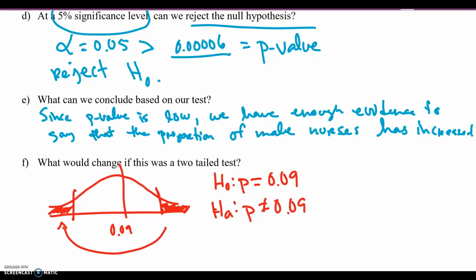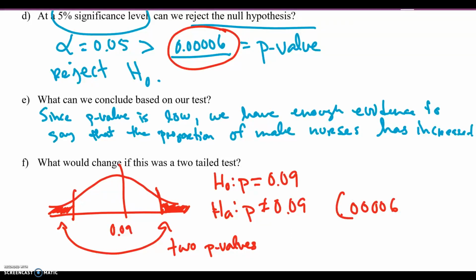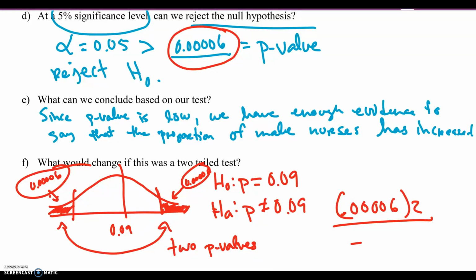So we have two p-values. Because this is symmetrical, and the p-value here is 0.00006, this other one is also 0.00006. You can either add these two together or multiply by 2. So this will be the p-value that we would have.